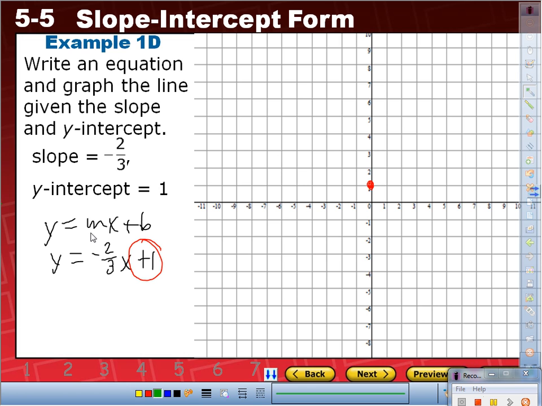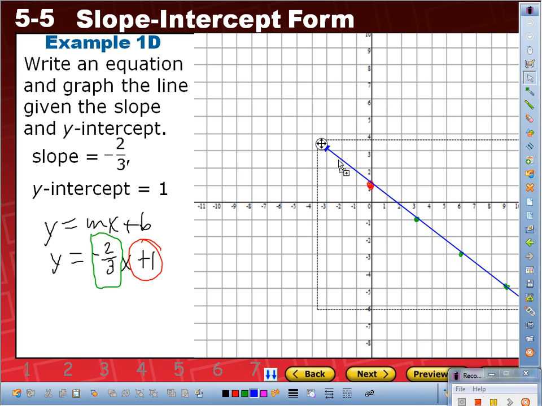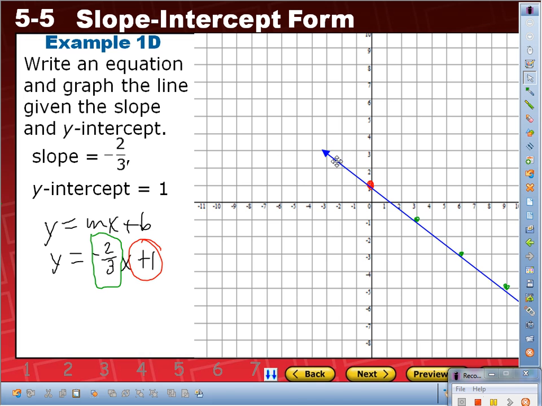My slope tells me to go 2 steps down, 3 to the right. Repeat that from each point. And then you graph your line, nice and straight like mine, going through those points. And there it is.